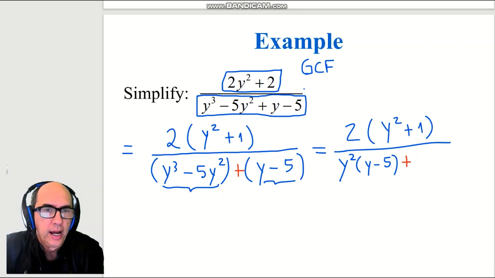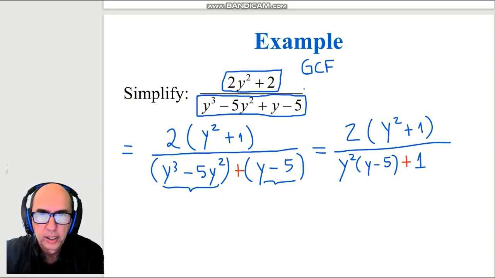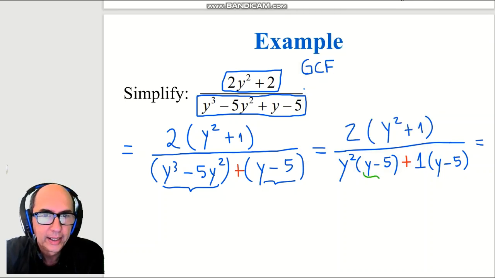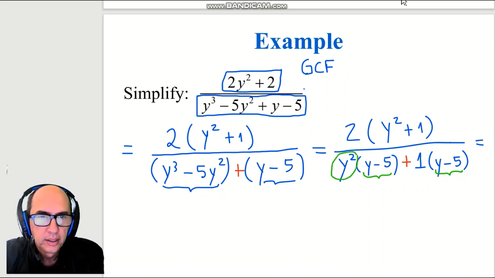Actually, when we don't have any greatest common factor, the greatest common factor is 1. 1 times y minus 5. Now look, we created a common factor, y minus 5, that we can factor out. And then we will combine y squared plus 1.